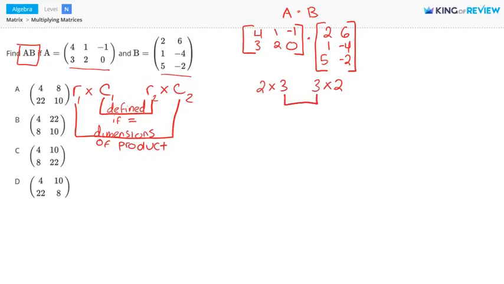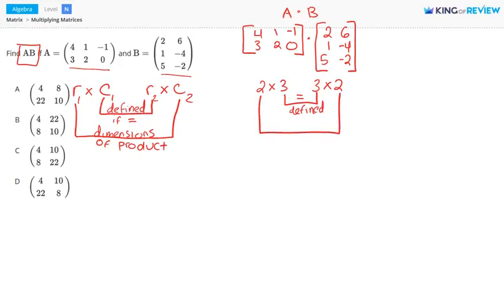So we're checking these two numbers here to see if the product is defined. Both of these numbers are equal, so 3 is equal to 3, so we know that it is defined. Therefore, we can go forward and multiply these two matrices together. And if we want to know what the dimensions of the product will be, we look at this.